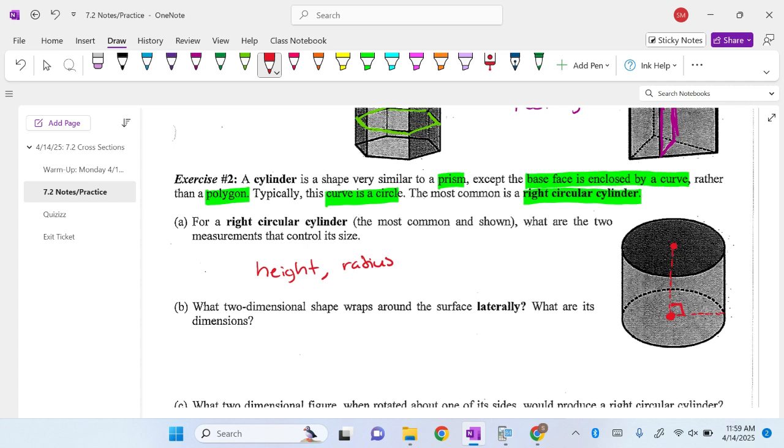So, for example, guys, look at this. If I fold this rectangular sheet of paper around itself, what's that? It's a cylinder, but what's the shape on the bottom? Circle. So, if you used a rectangle and wrapped it around the circles, you get a cylinder.